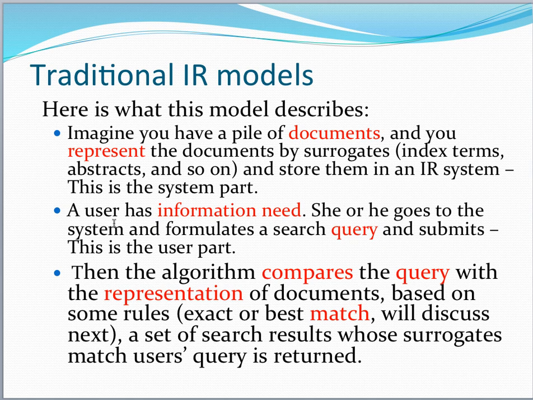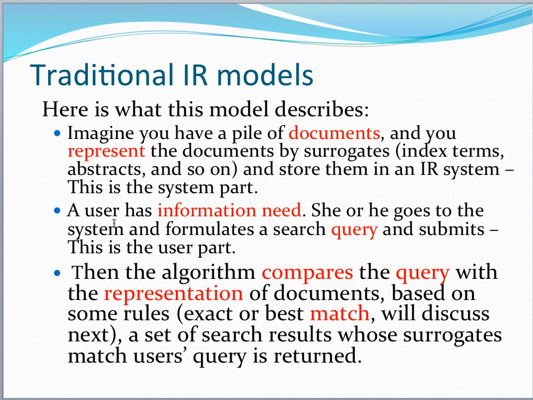Again, here the keyword representation, based on some rules: exact or best match or proximity. Remember when we were talking about databases last week, and we talked about wildcard, proximity? Well, this is what we're talking about here. So this theory has a practical counterpart.